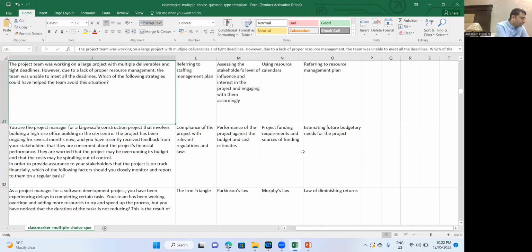Which of the following strategies could have helped the team avoid this situation? Referring to staffing management plan, assessing the stakeholders' level of influence and interest in the project and engaging with the team accordingly, using resource calendars, referring to resource management plan.